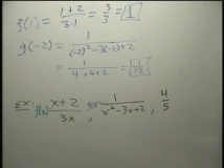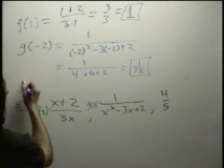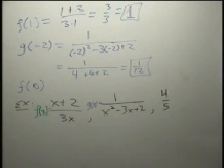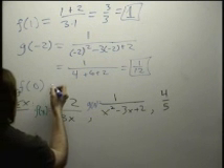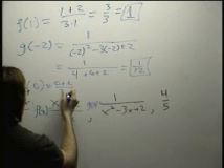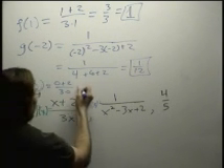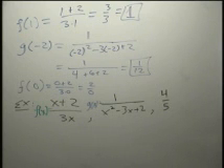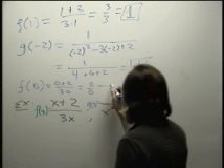Okay? What about f of 0? If I put 0 into this function for x, what happens? Well, 0 plus 2 over 3 times 0, we're going to run into a problem. 2 over 0, that's not a defined expression.